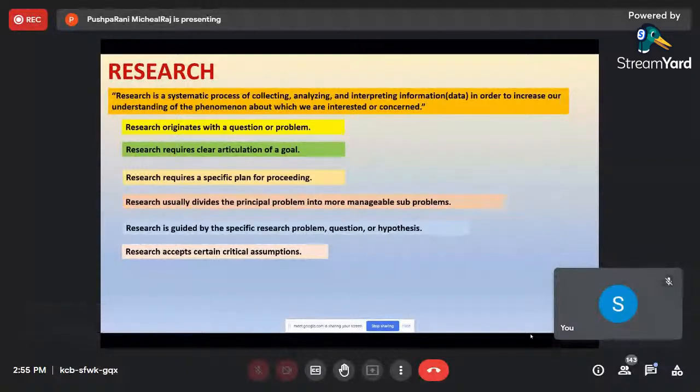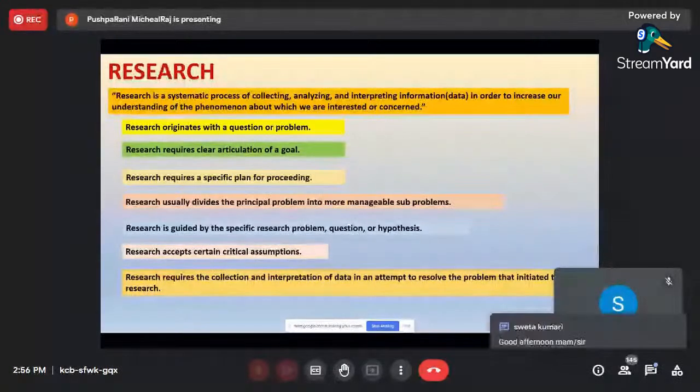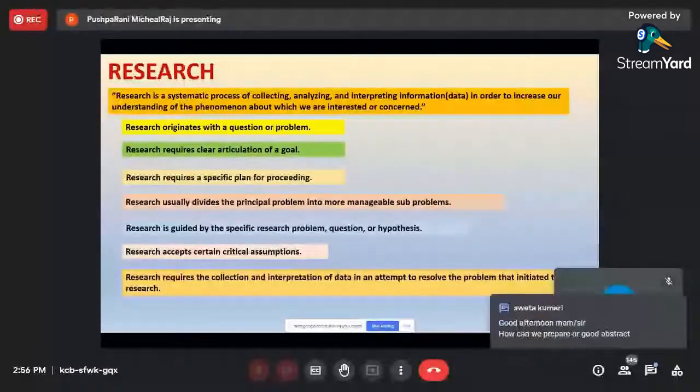You will find answers for the sub-questions and the main question. This requires the collection and interpretation of data in an attempt to resolve the problem that initiated the research. So research, by its nature, is cyclic.